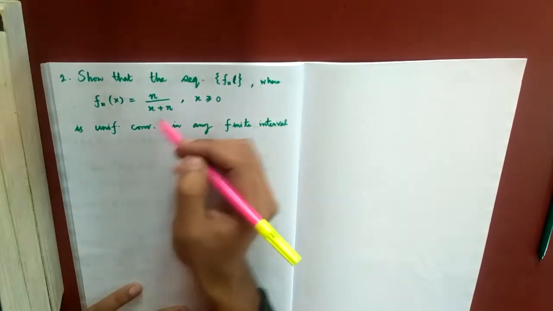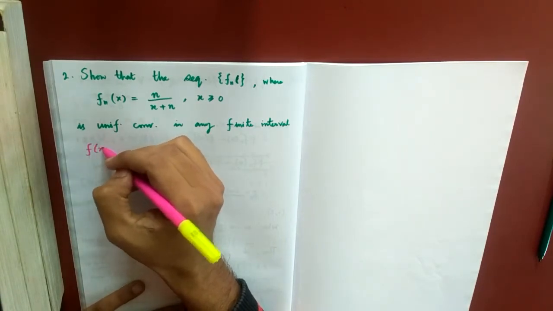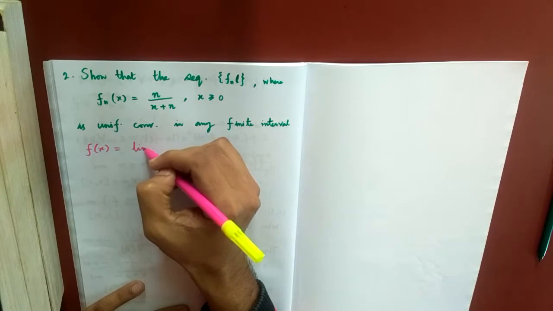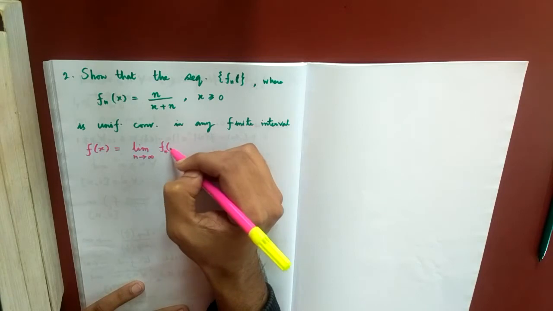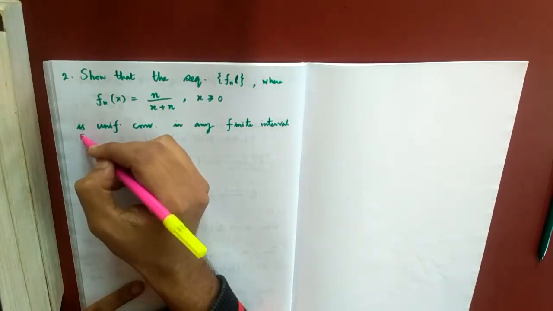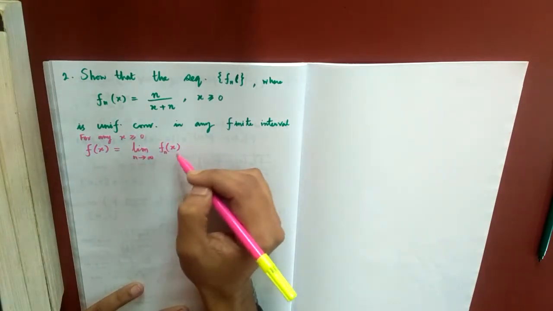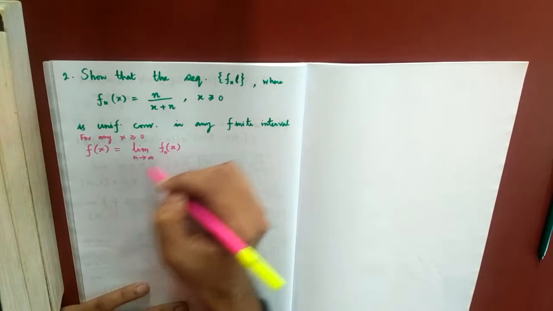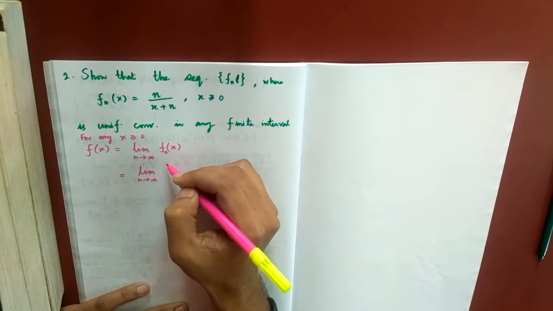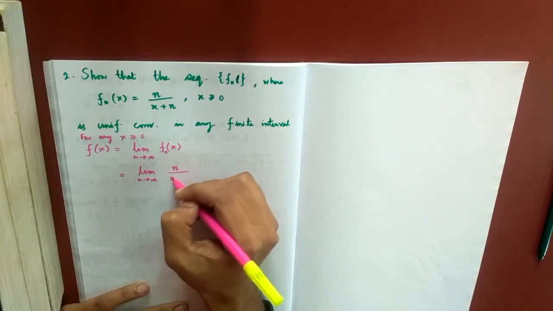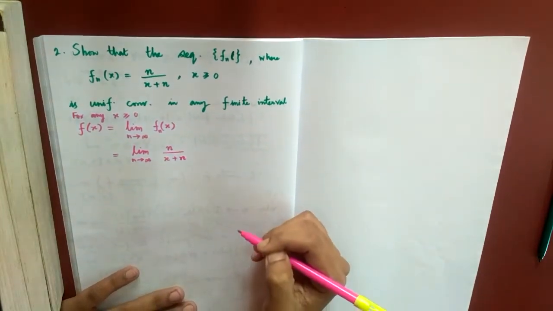It's very simple. I have to find this f(x), which is the pointwise limit. This is actually the limit as n tends to infinity of f_n(x). For any x greater than or equal to 0, we have to find this limit. That means limit as n tends to infinity of n by x plus n. Remember, x is fixed. For different values of x, you have to find this limit.